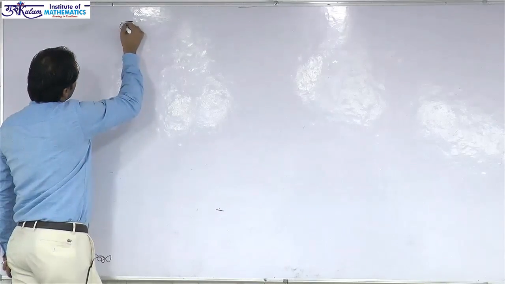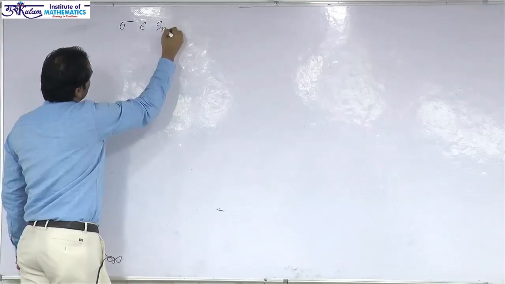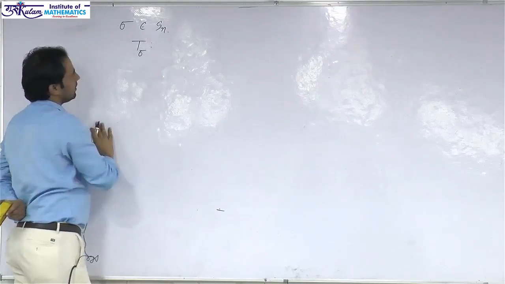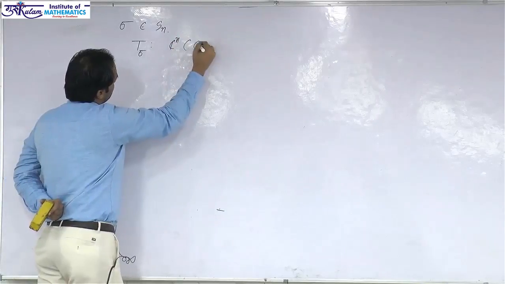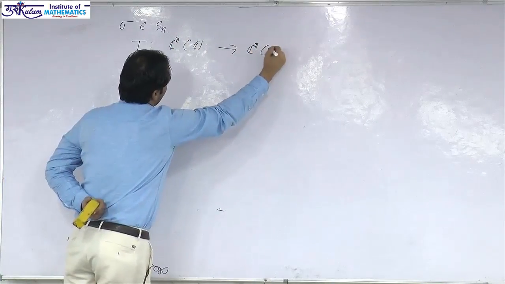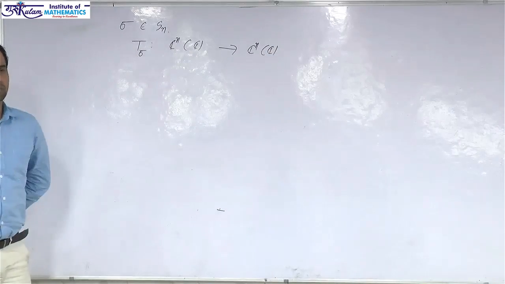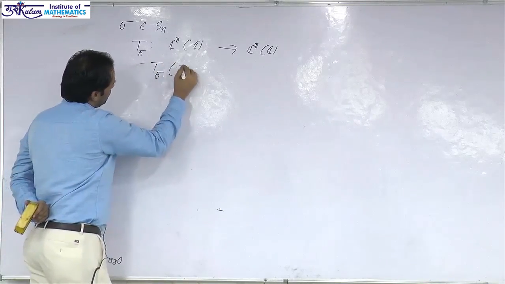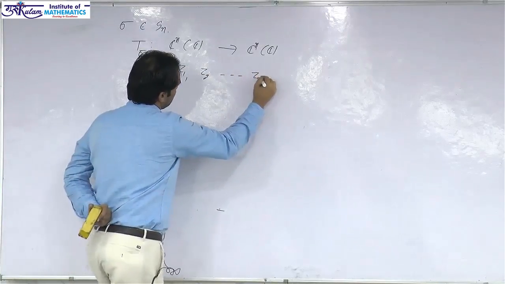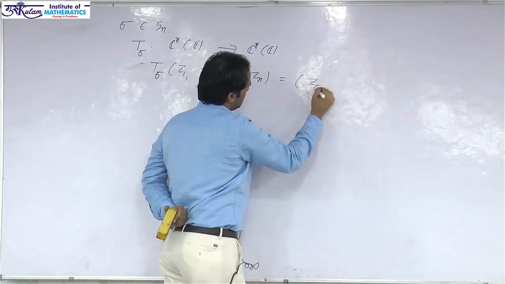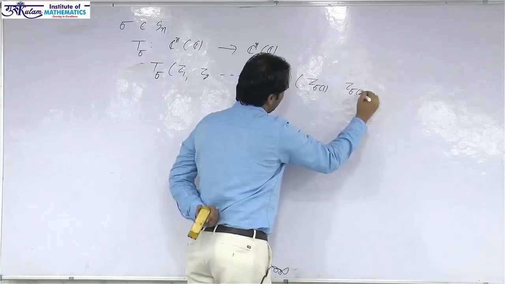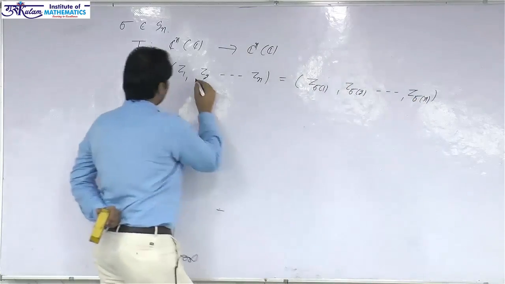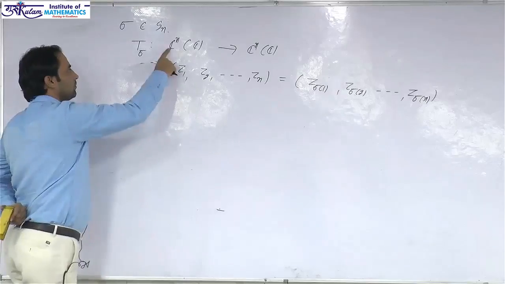Again, assuming that sigma belongs to Sn is a permutation, define a function T sigma from Cn over C to Cn over C, where Cn is the set of n-tuples over the complex field, and T sigma of Z1, Z2, ..., Zn is Z of sigma 1, Z of sigma 2, and so on, Z of sigma n, where Z1, Z2, ..., Zn are complex numbers.